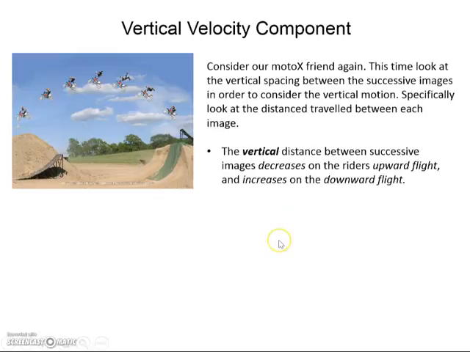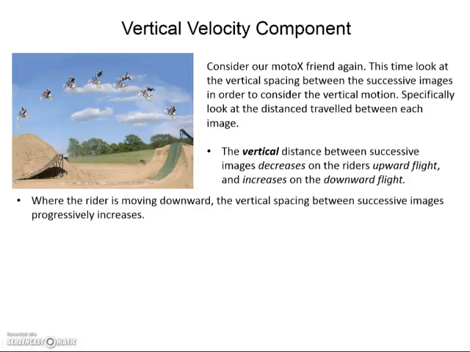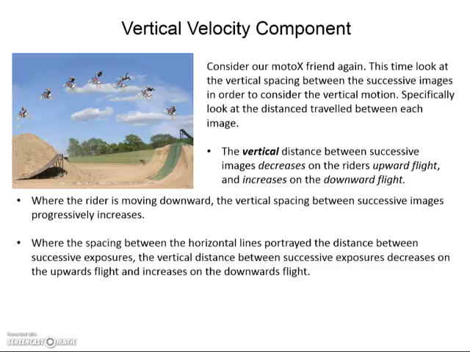So the vertical distance between successive images decreases as he flies upwards. He travels further upwards here than he does between here and here, and again it's a much smaller interval here, and then he starts to go down the other way. So the vertical distance between the images decreases on its upward flight and increases on the downward flight. And as he's moving down, the spacing again gets bigger.